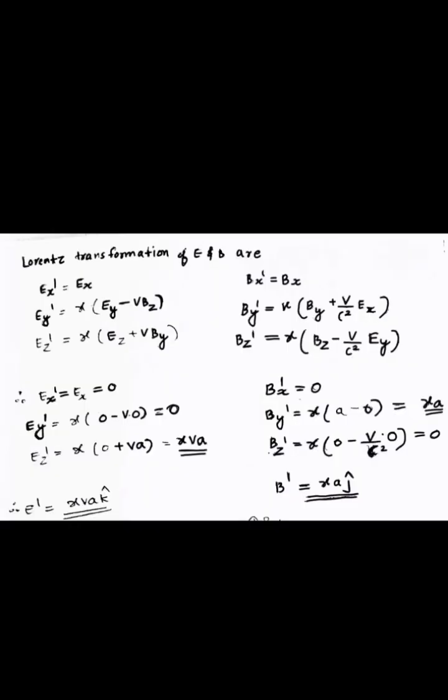So the Lorentz transformations of E and B are, we know Ex dash is equal to Ex, Ey dash is equal to gamma into Ey minus V Bz, and Ez dash is equal to gamma into Ez plus V By.